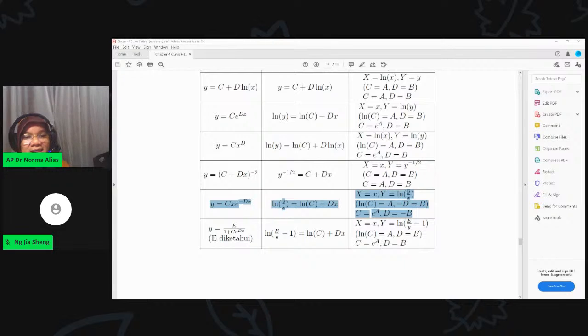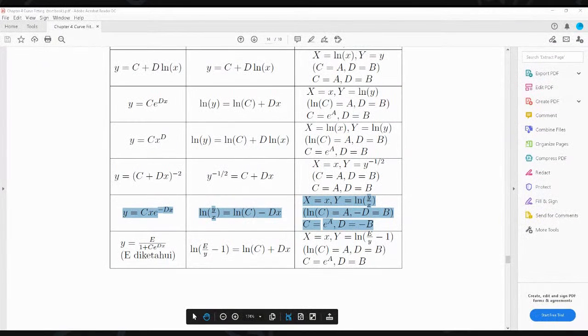You can see here a is equal to ln c, and d is equal to negative b, and from here you can see that Y is ln y over x. So this is one example of how you transform from an exponential function to the linear form.